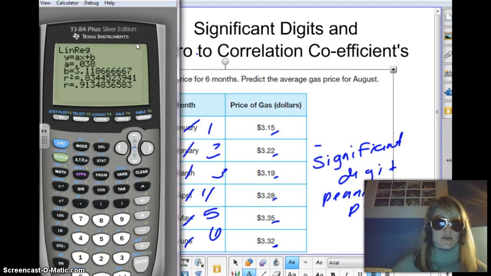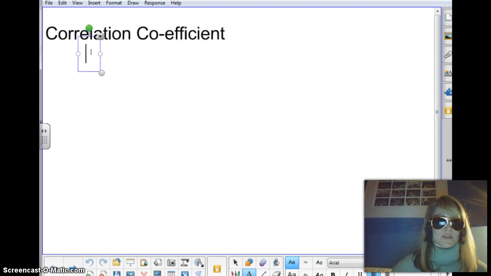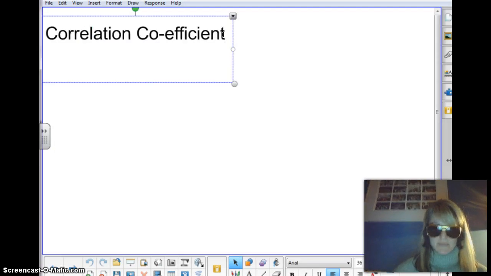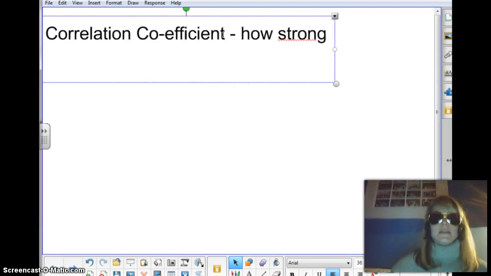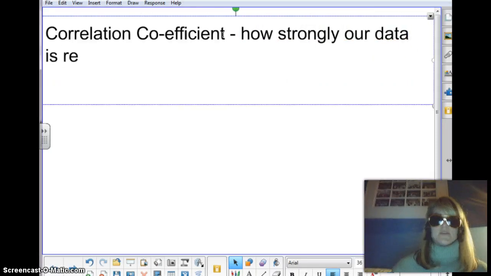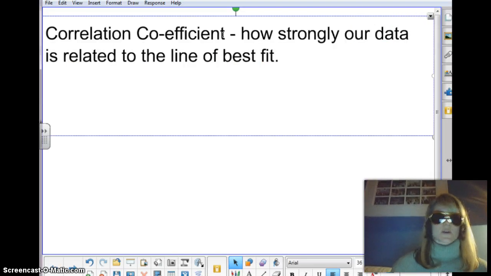Okay? So let's take a couple of notes on that. So on our graphing calculator, first of all, the correlation coefficient tells us how strongly our data is related to the line of best fit. Okay, so just to recap, once we do this, we don't have to do it again.